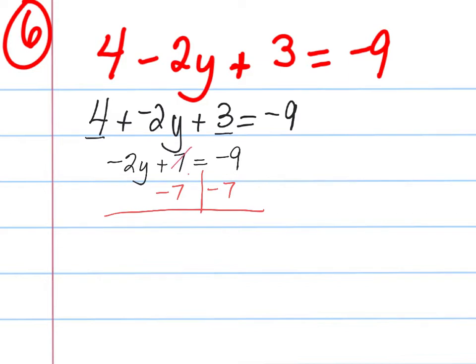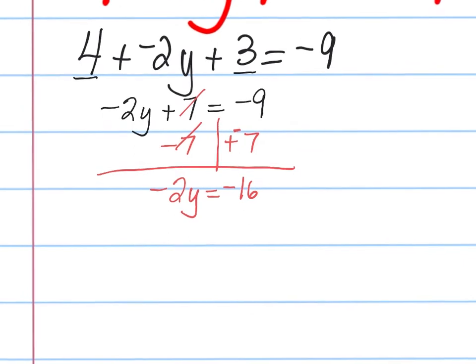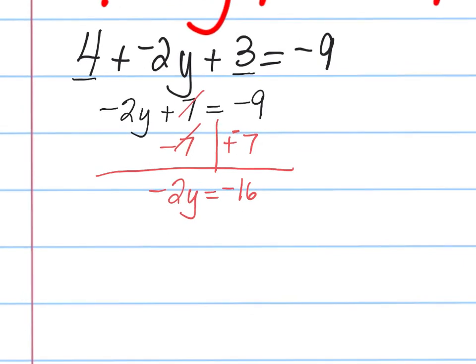7 minus 7, they cancel, leaving me with negative 2y equals, keep change opposite, negative 9 plus negative 7 is negative 16. Do I have my variable by itself yet? Nope. Put your wall up.